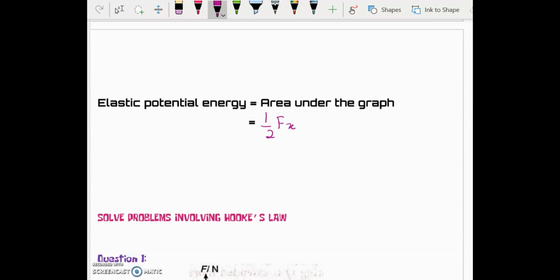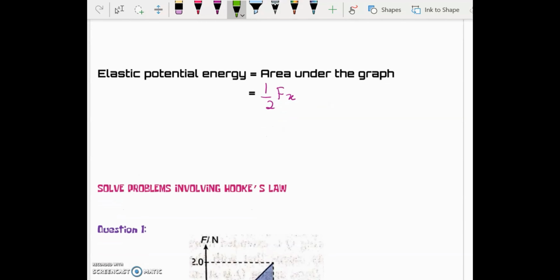Another elastic potential energy formula that we can use is, from Hooke's law formula, F equals Kx, we can substitute this formula in the first formula here.